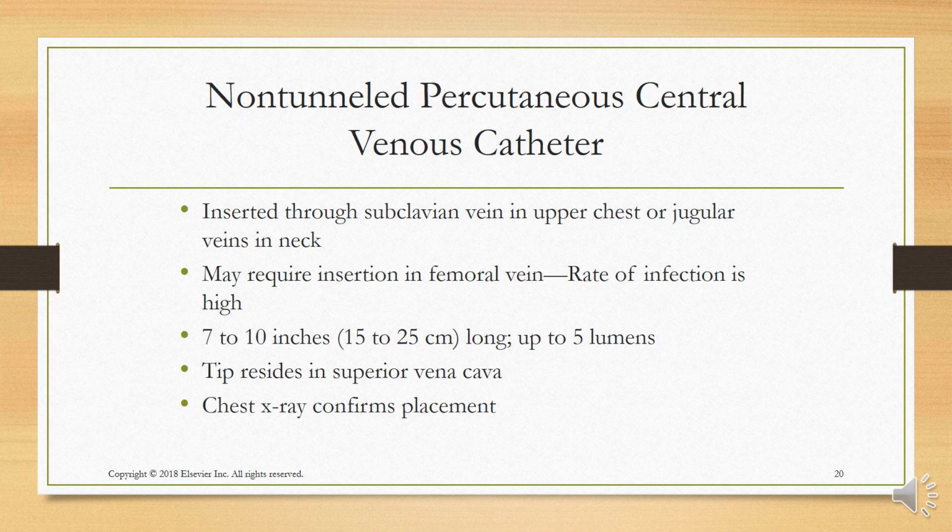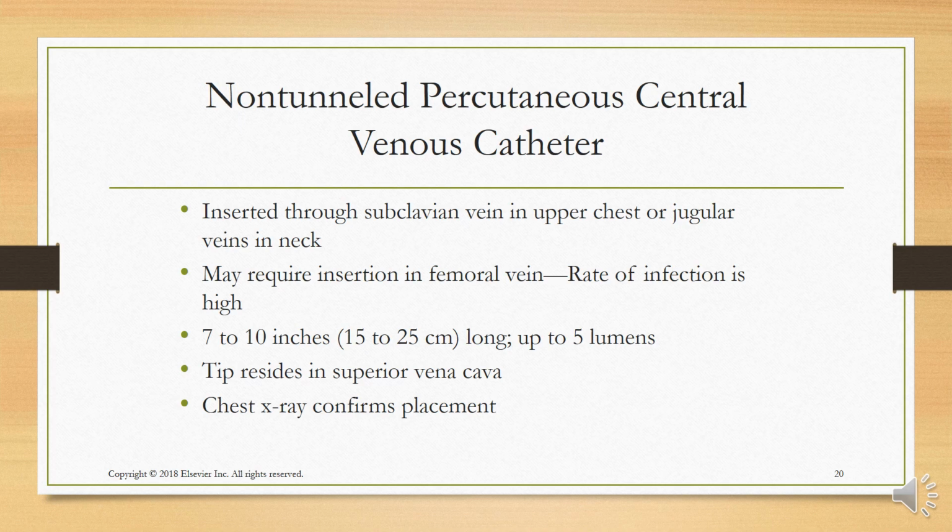Non-tunneled percutaneous central venous catheters. These are inserted through the subclavian vein in the upper chest or in jugular veins in the neck. If you can't get them in either of those, it may require insertion in the femoral vein.